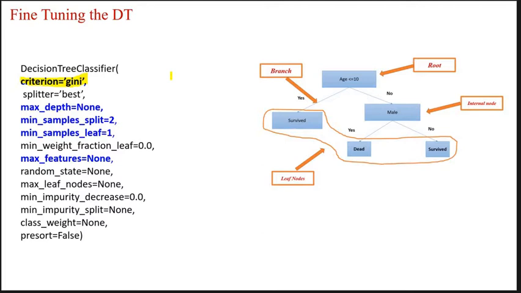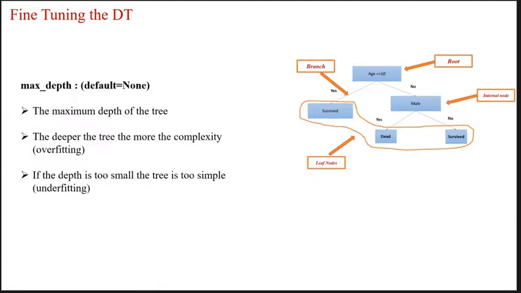And the max depth. The max depth is the maximum depth of a tree. And so in the example that's shown over here, you can see that this tree has a maximum depth of 1, 2, and 3. So this is going to be the maximum depth.